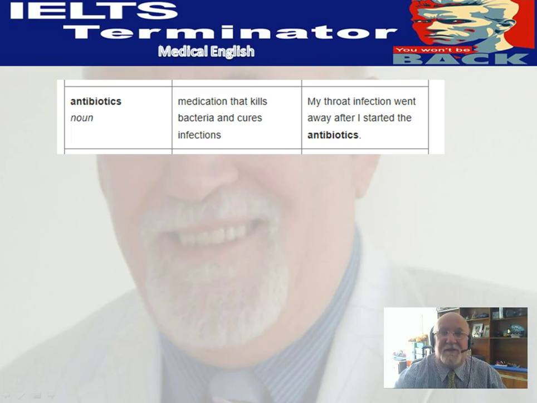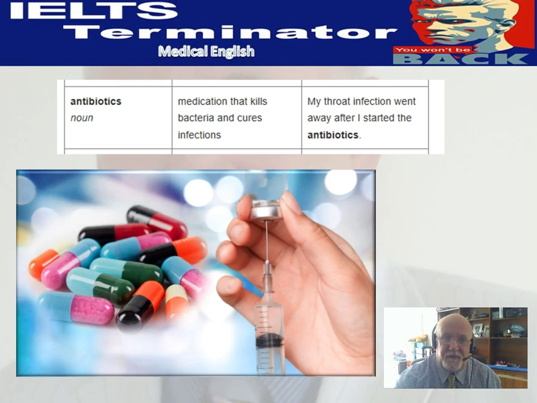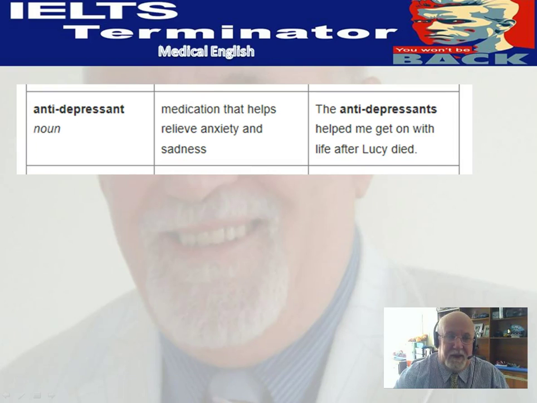Antibiotics. This is a noun. It refers to medication. Antibiotics are medication that kills bacteria and can cure infections. We might hear it said like this: my throat infection went away after I started on antibiotics. Antibiotics. Antidepressant. It's a noun in this case.